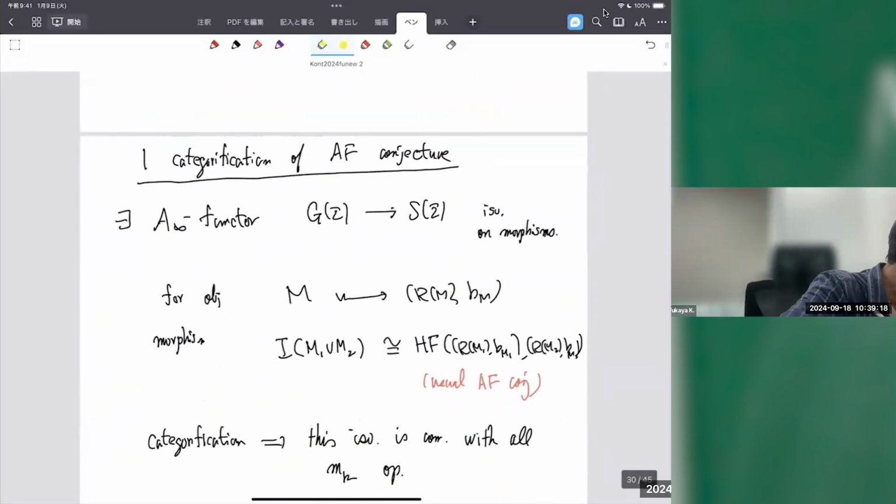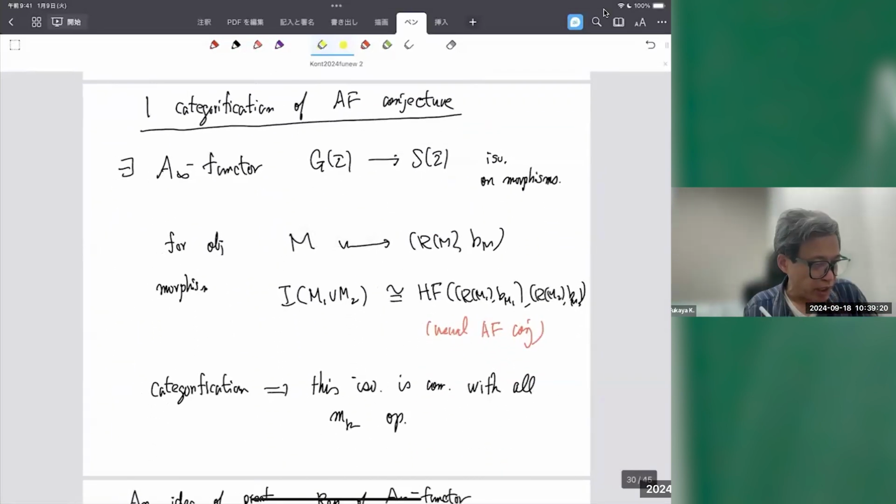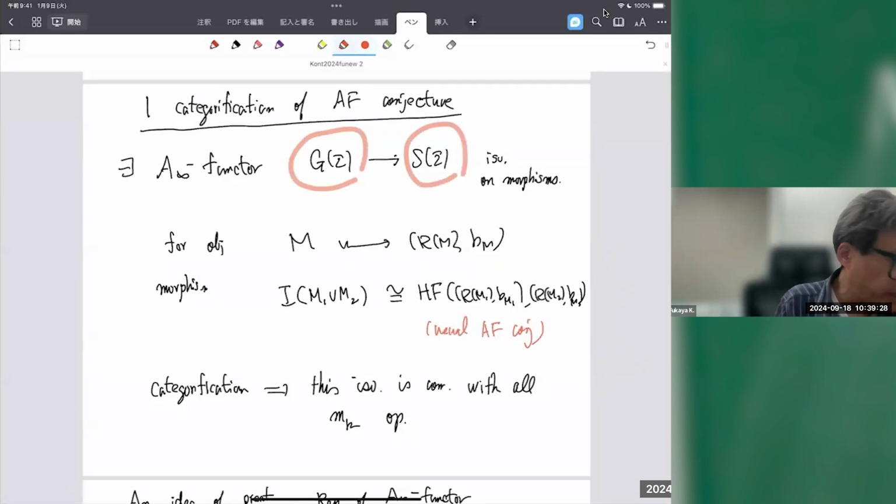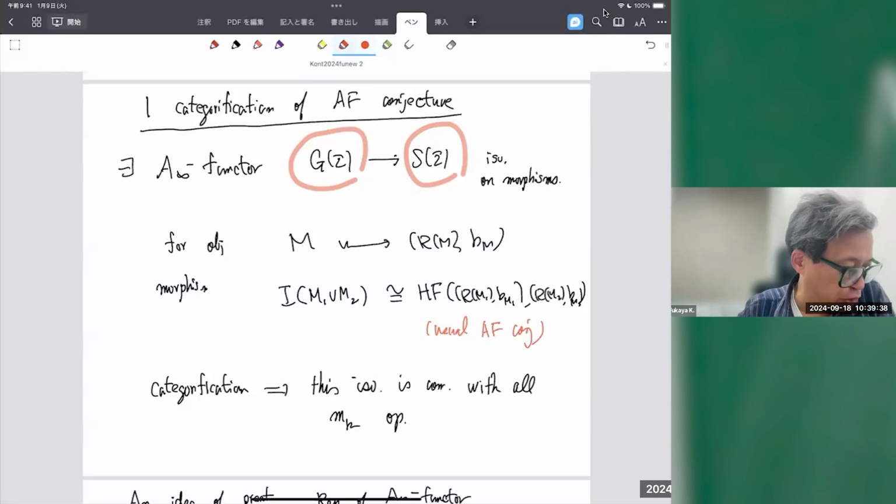So now I want to explain one categorification of the Floer conjecture. You have these two infinity categories. One is this gauge theory infinity category, whose objects are three-manifolds, morphisms are Floer homology of the glued three-manifold, and operations are something like a family version of the instanton counting.